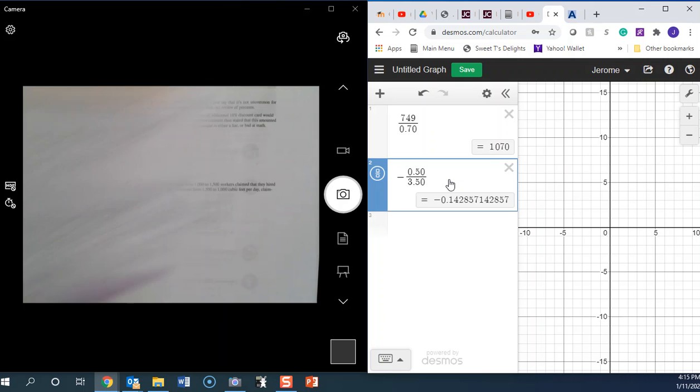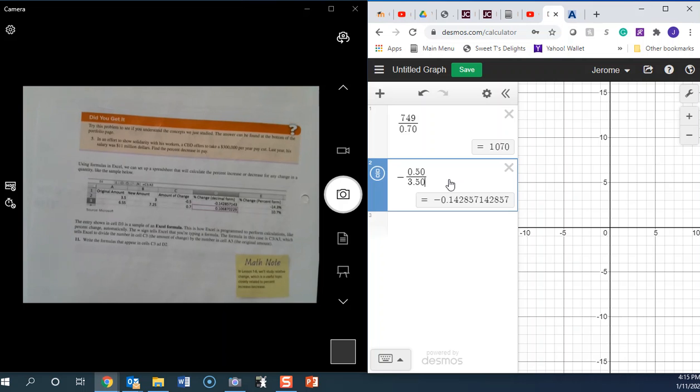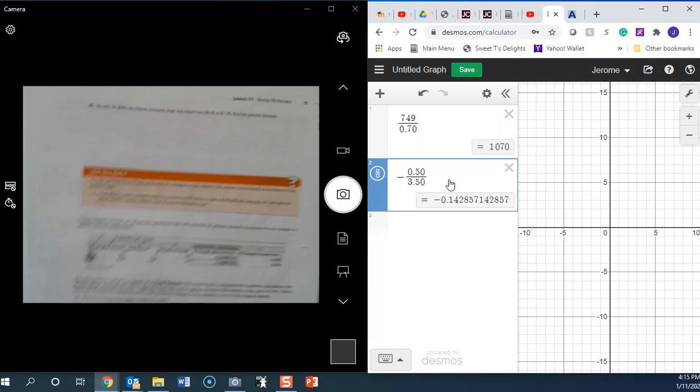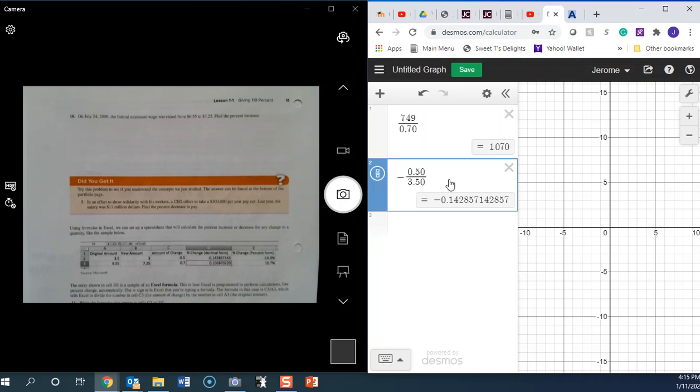All right. Now we come here to the back. It says, on July 24th, 2009, the federal minimum wage was raised from $6.55 to $7.25. Find the percent increase.